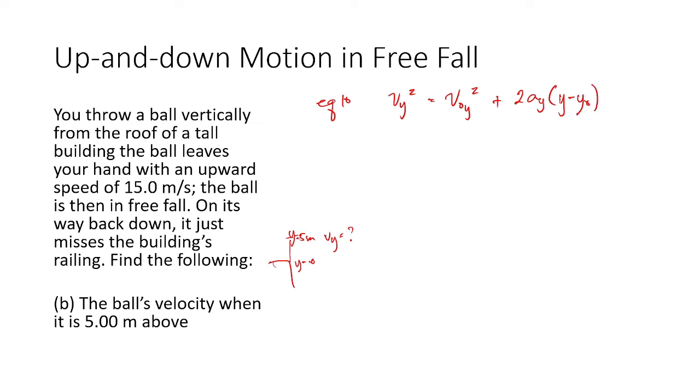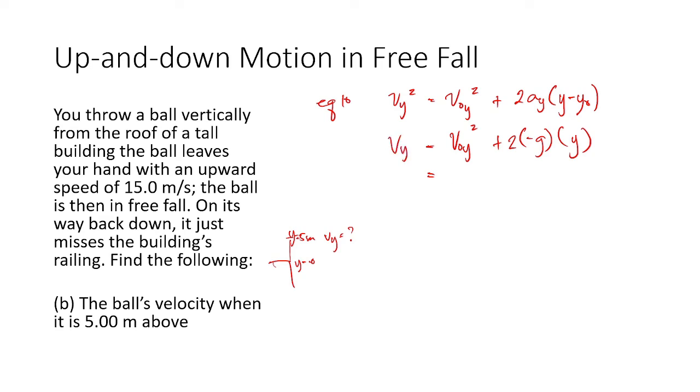So, kung titingnan nyo class, may mga values na tayo ng mga nandito. Our Vy square will actually be equal to V naught square plus our acceleration, which is acceleration due to gravity, meaning we have here 2 times negative g. And we have there our given, our y naught is 0, and we have there our y. Okay? So, we just need to substitute our values.